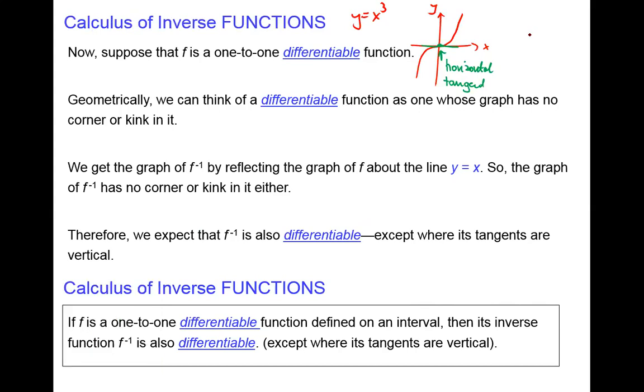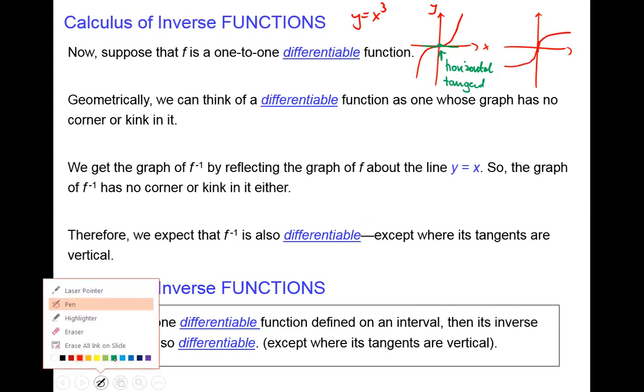Now, when I flip this and draw the inverse, the cube root of x, I should be a little more precise. What do we have at 0?